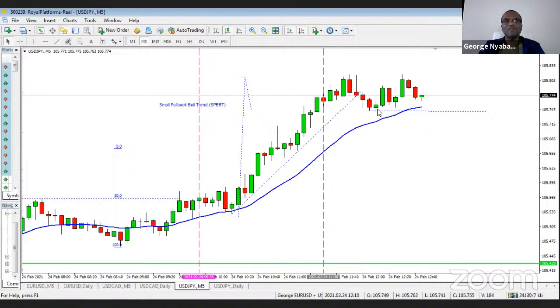If you're going to take a trade using price action on the 5-minute time frame, the minimum profit you should be looking to get is a 10 pip profit. Now, why would that be the minimum?